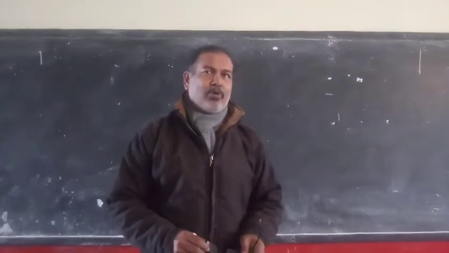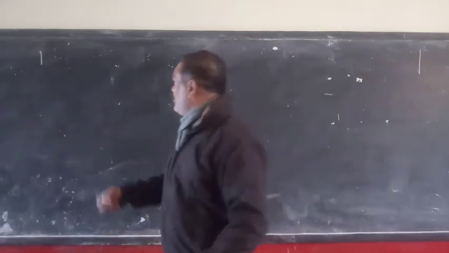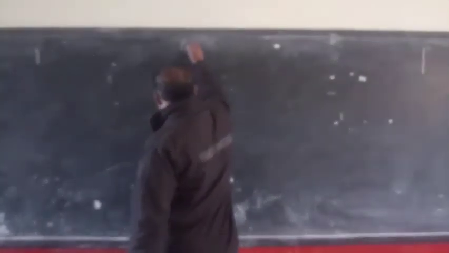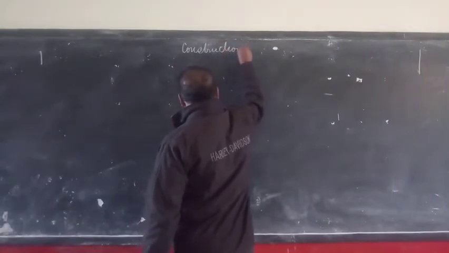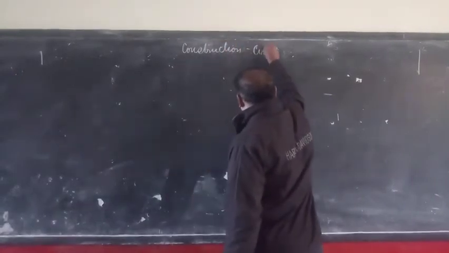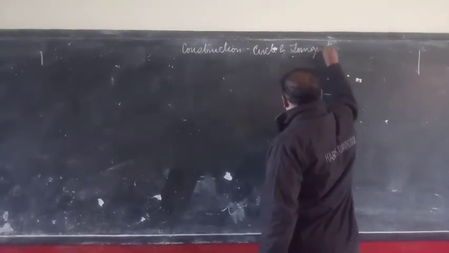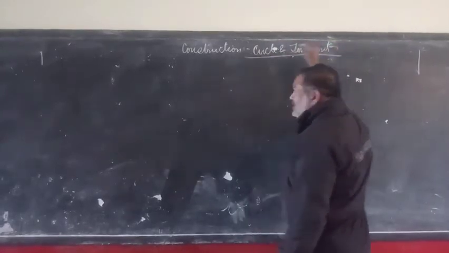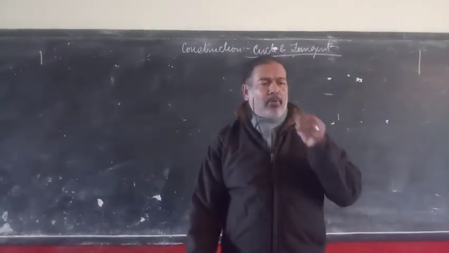So today I am going to take a class meant for 4 marks for your board examination, and this is construction related to circle and tangent. We already know what a tangent is? Tangent is the line which touches the circle at one and only one point.